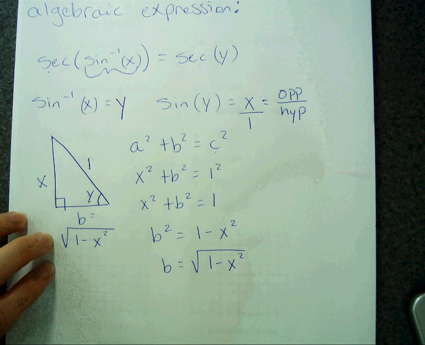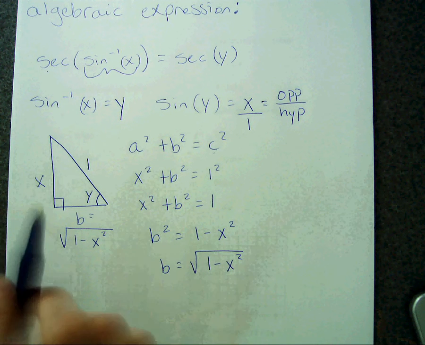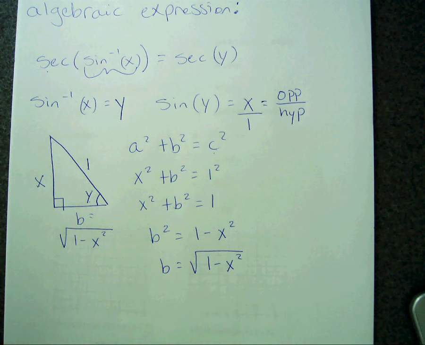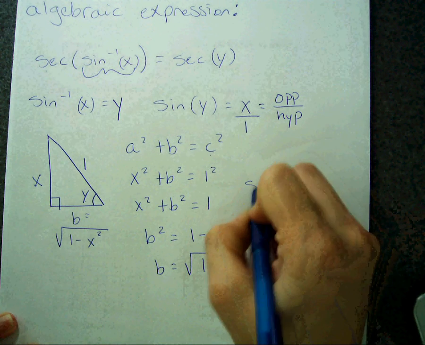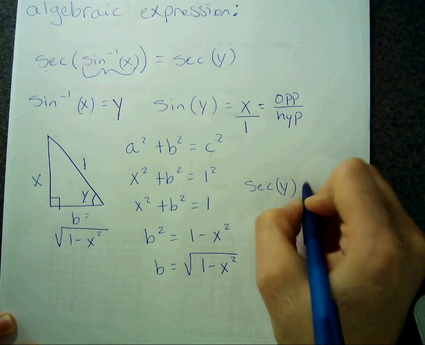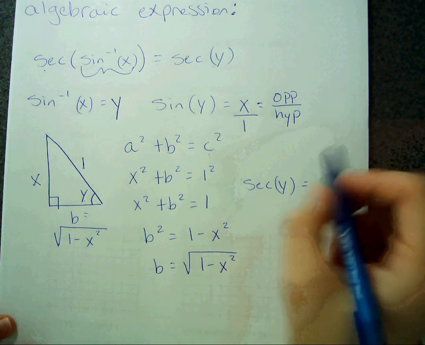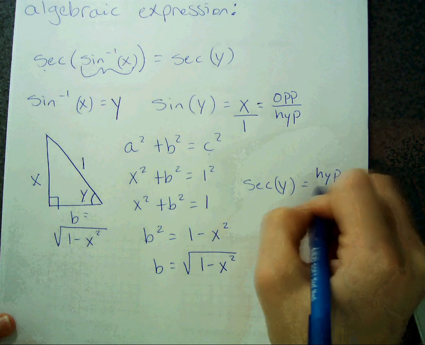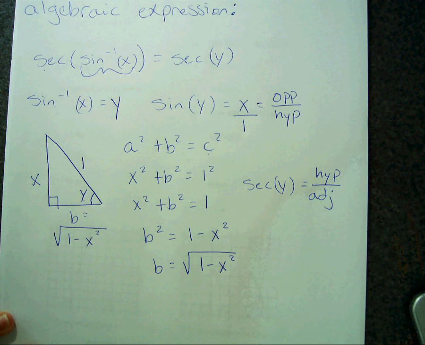If I look at my identity sheet, the way that secant corresponds to a triangle, secant of y is what? Hypotenuse over adjacent.